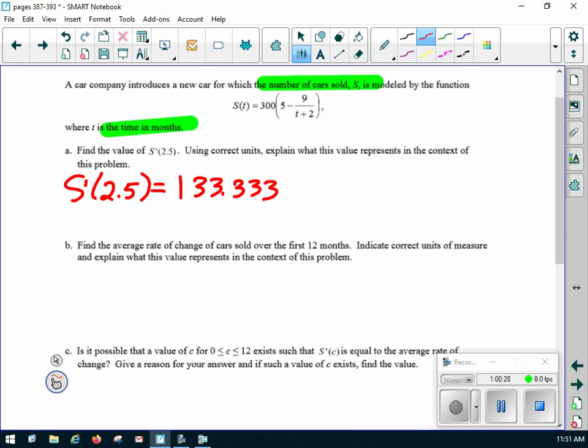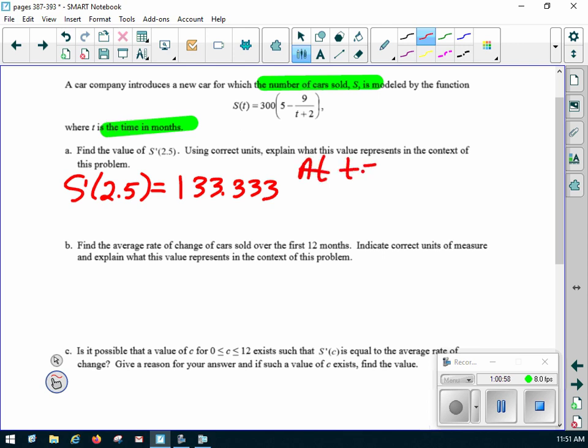Did we take a derivative of a rate? No, this was not a rate. This was just a flat out number. So when we take a derivative, that's going to tell us the rate at which the cars were sold. So what this says is at 2.5 months, new cars are being sold at a rate of 133 per month.